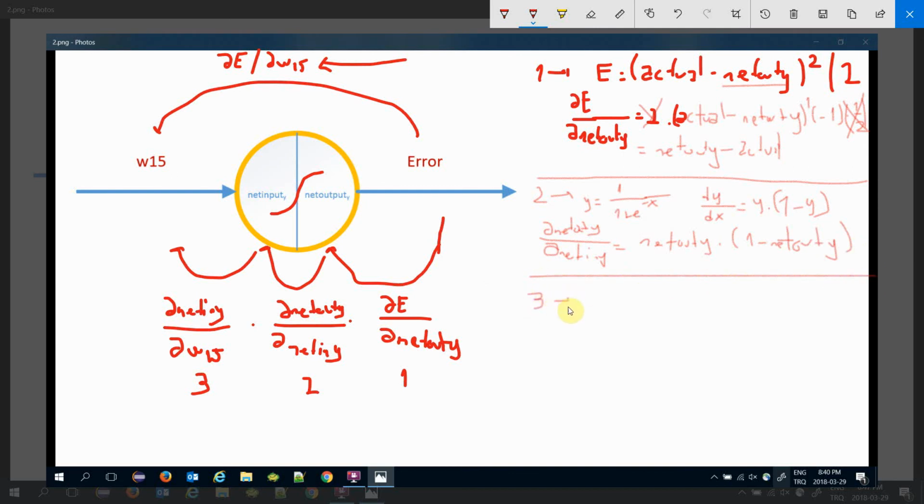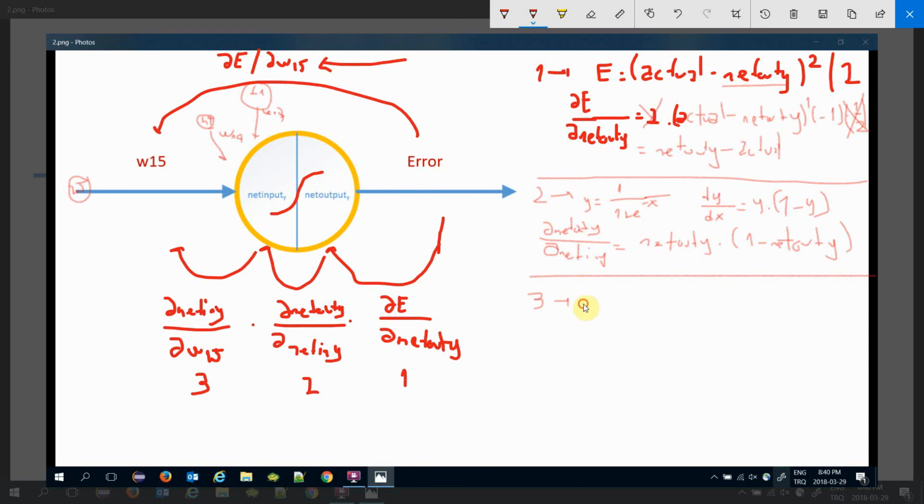And finally, the equation for number 3. Please remember that W14 and W13 are connected to this unit, and here H5, H4, and the bias unit are connected.